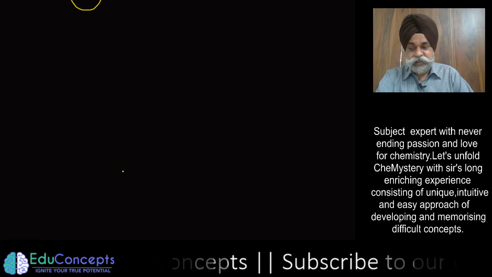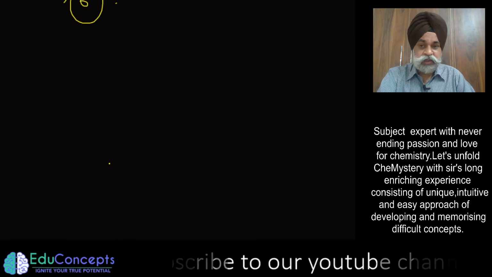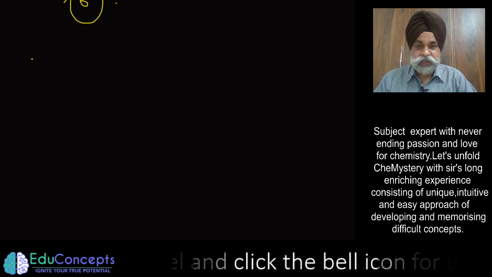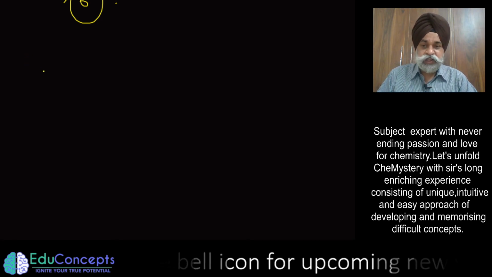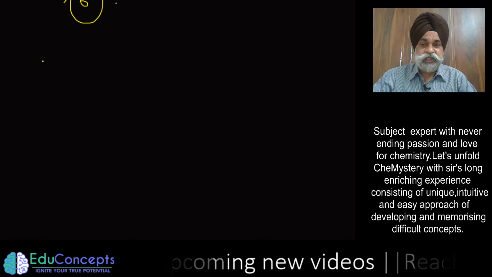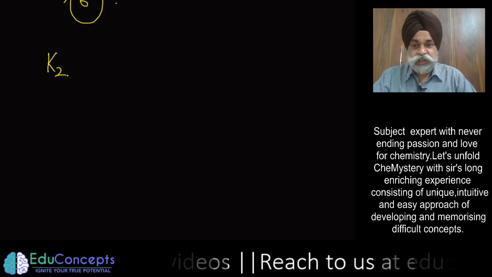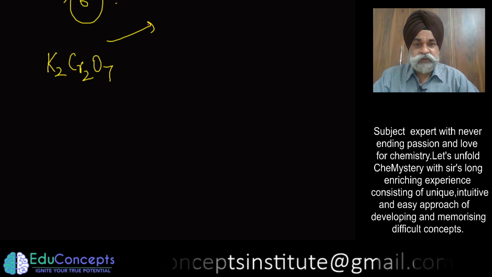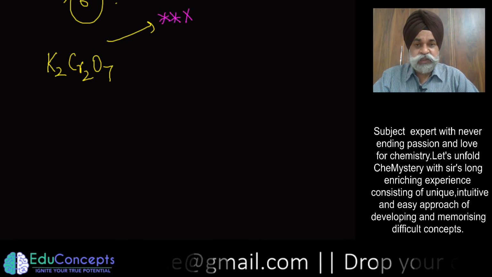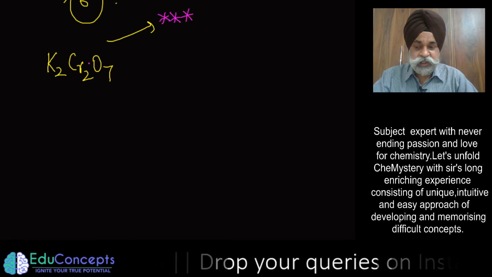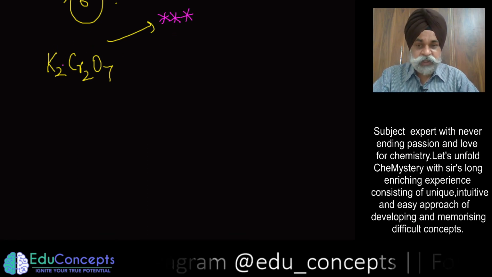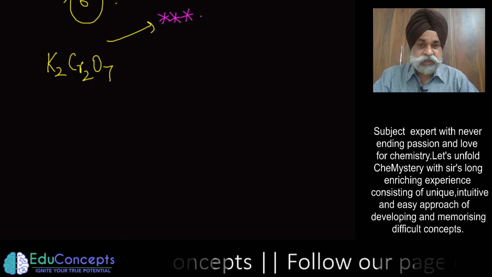Another important example which you could come across is the decomposition of potassium dichromate. I would rate this as very important, and this particular question is quite an important one. I would refer you to the upcoming video, which deals exclusively with potassium dichromate.